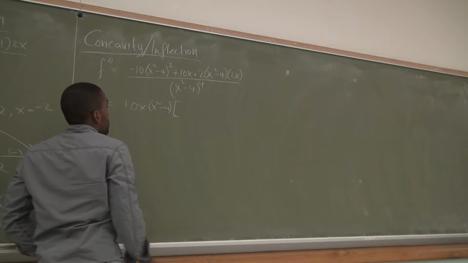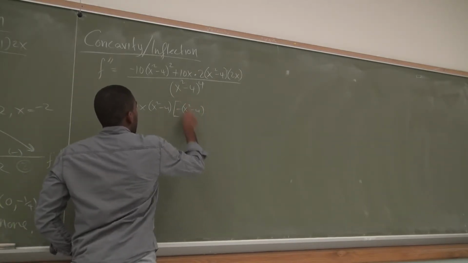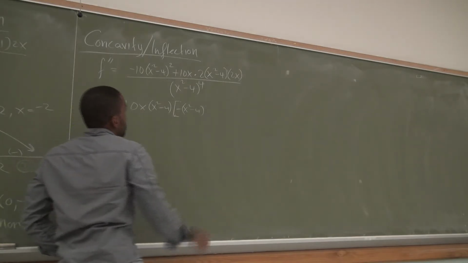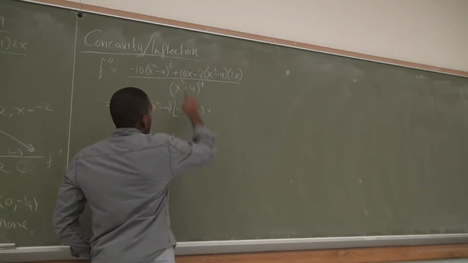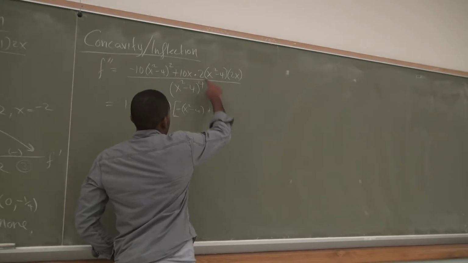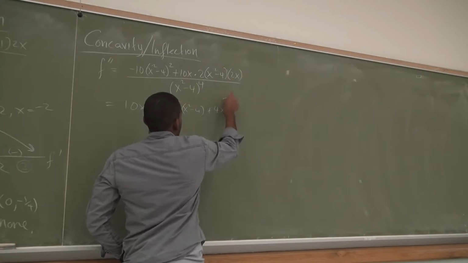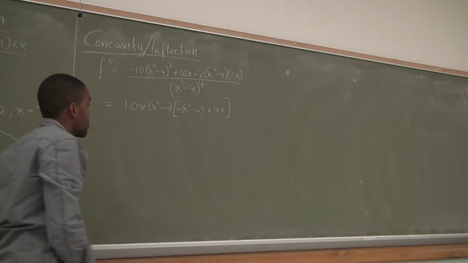What do we have left? Well, we have a minus x squared minus 4, plus, we took out the 10x, I'm left with just the 2 times the 2x, right? 4x.